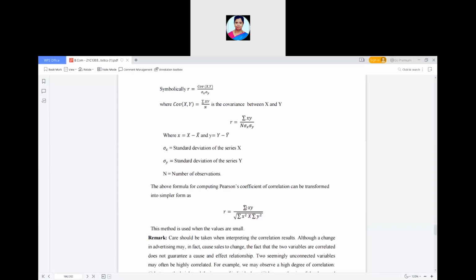So from the above formula, we can compute Pearson's coefficient of correlation in its simplest form. r is equal to summation xy divided by the square root of summation x square into summation y square. This method is used when small values are involved.